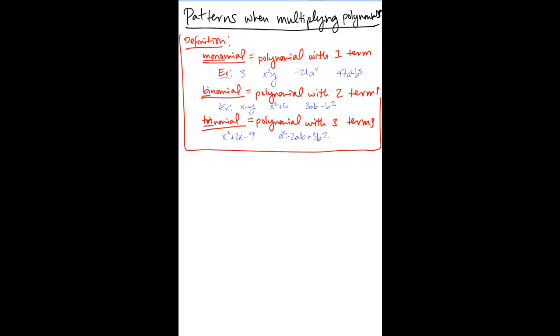Okay, so these are just some definitions that are important because when we use the words, you want to know what we're referring to. Every time we say monomial, we just mean a polynomial with a single term. Every time we say binomial, we just mean a polynomial with 2 terms.